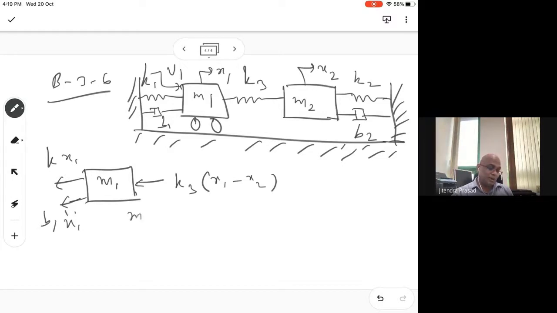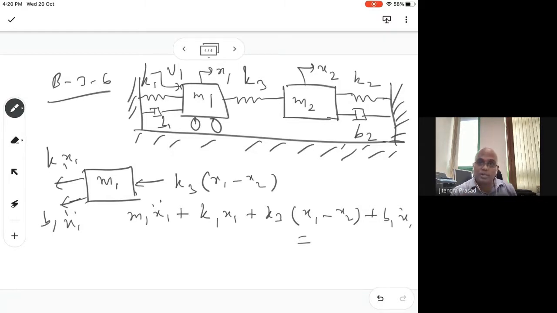The equation will be m1 x1 double dot plus k1 x1 plus k3 (x1 minus x2) plus b1 x1 dot, and that is equal to u. There is a force u also given, not u1 but u.